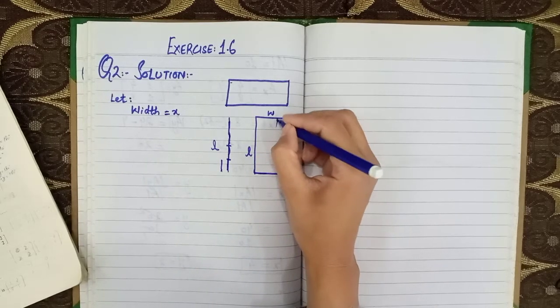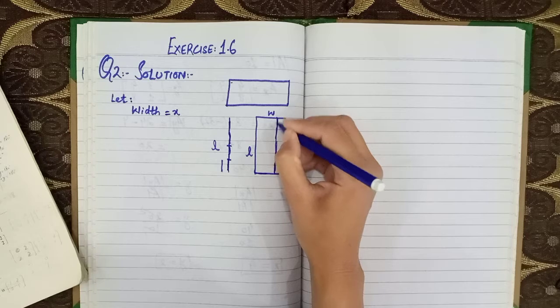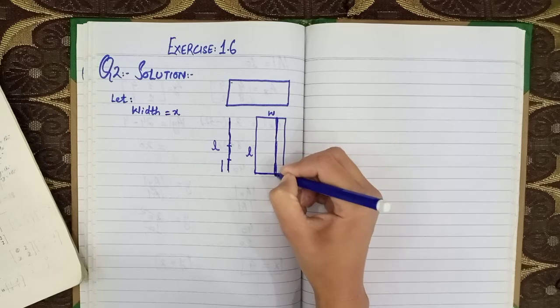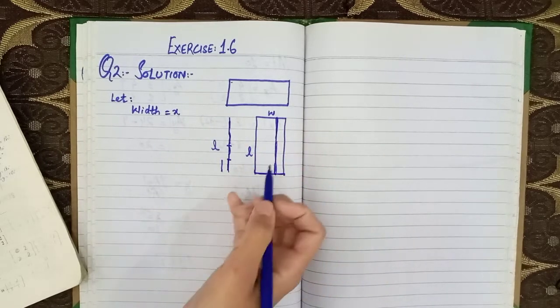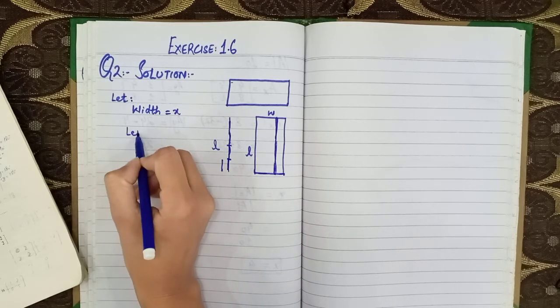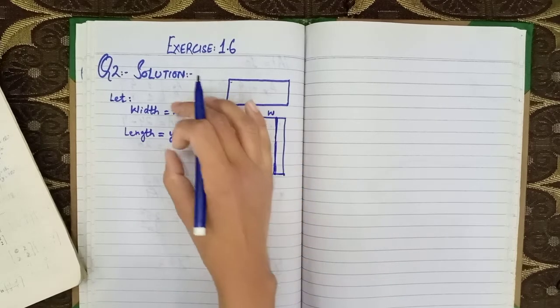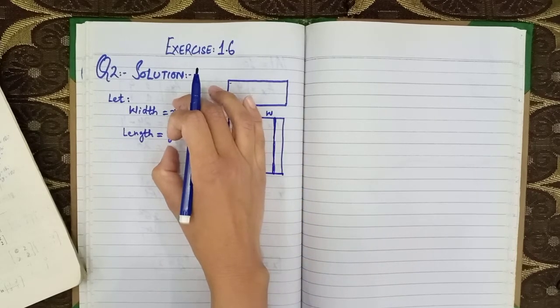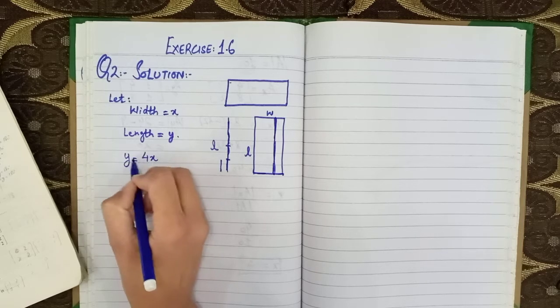If I draw a line here, maybe it would work. Yeah, if this would be the boundary of the rectangle, then it would work. So it's okay. Width is equal to x and length is equal to, let's say, y. When I'm comparing the both, then I will say y equals 4x.